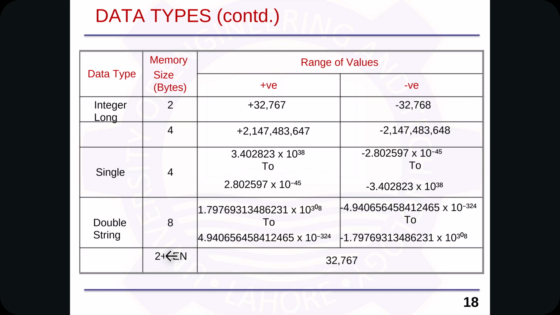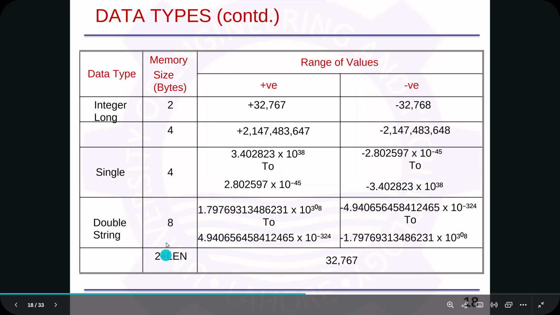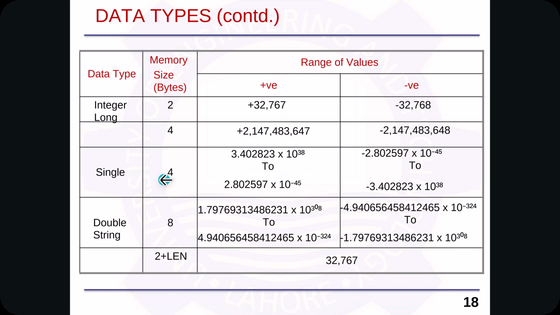When you type a digit like 2 inside the memory of the computer, 2 bytes will be allocated. That is the memory size for each number. If it's a string, it also has a memory location. If it's a single data type, it also has a memory capacity or size.